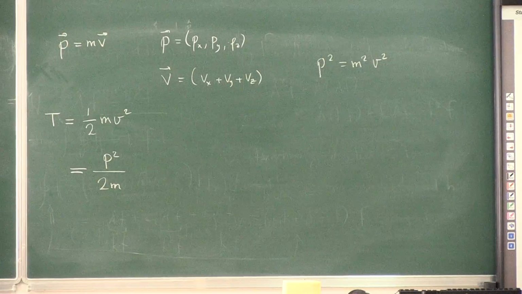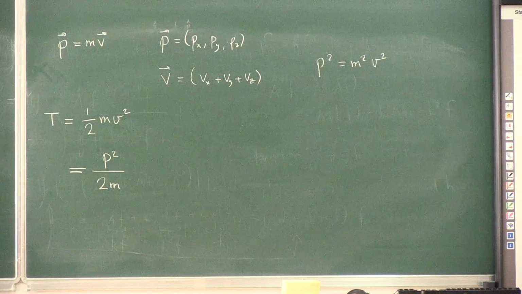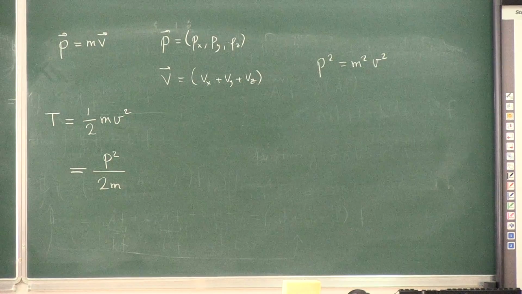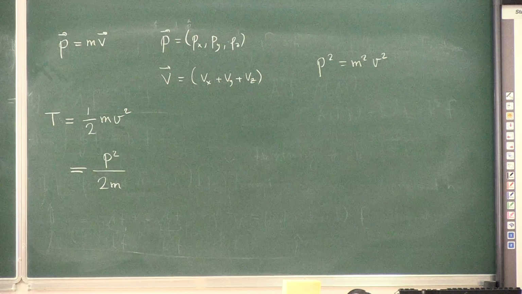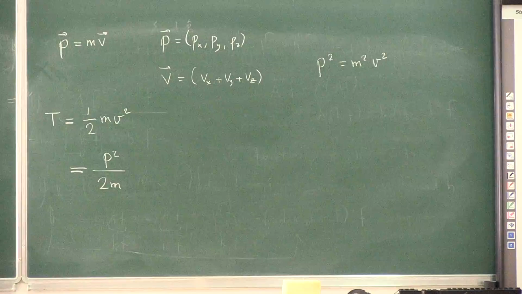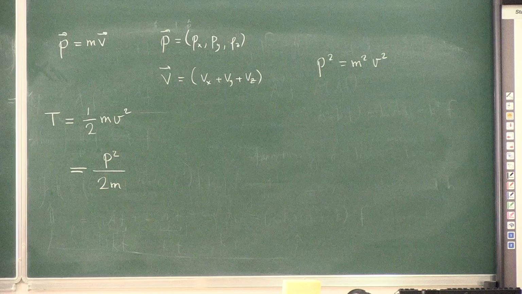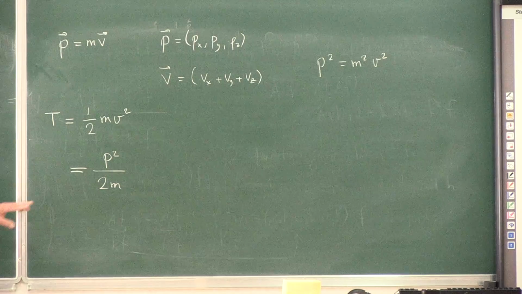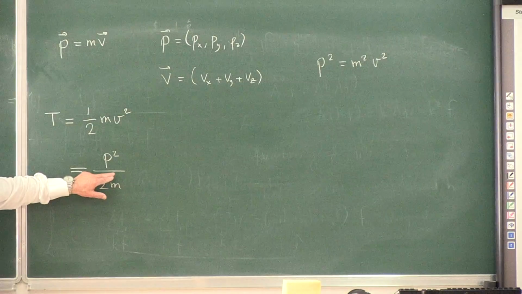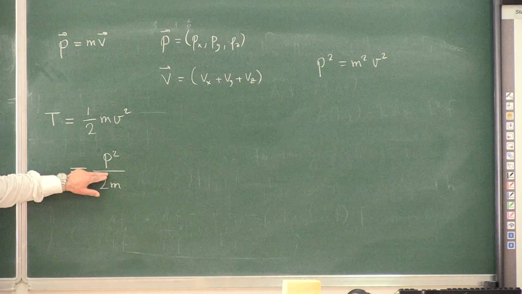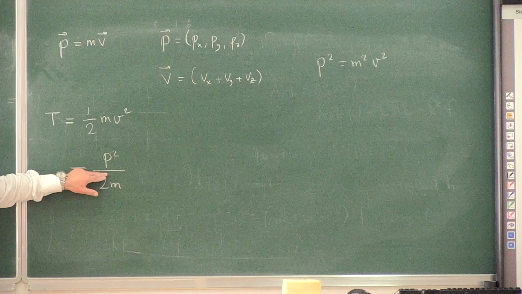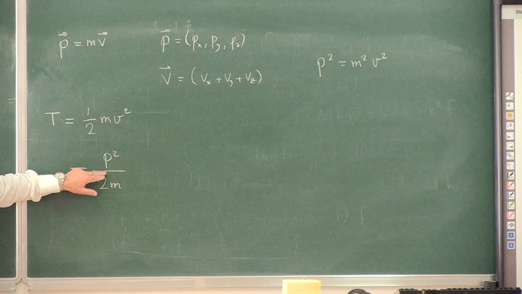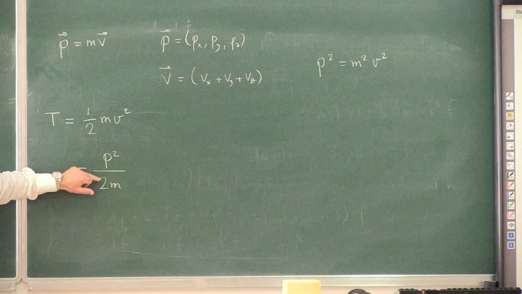When we want to obtain quantum expressions from classically known expressions, such as this one, we always use linear momentum, not the speed. So this is our expression for kinetic energy in quantum theory, using linear momentum.